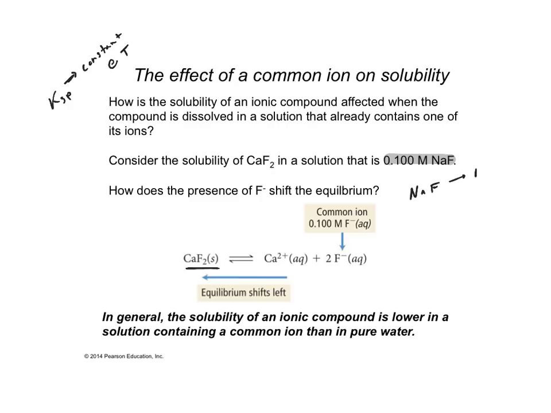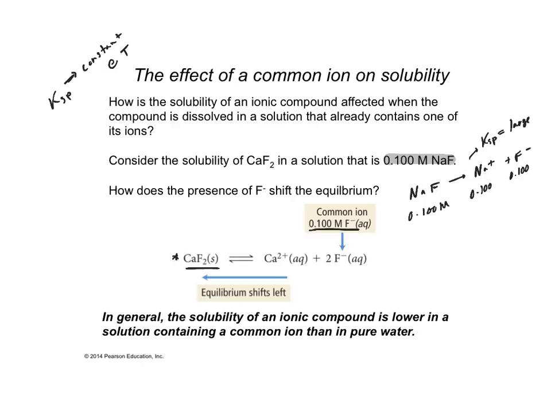We can imagine that it just dissociates into sodium and fluoride, and because the Ksp for this would be so large, we could essentially assume that if there was 0.1 of the salt, there would also be 0.1 of each ion. So this is the solution that we are trying to put our calcium fluoride into. It already has a 0.1 molar concentration of fluoride.